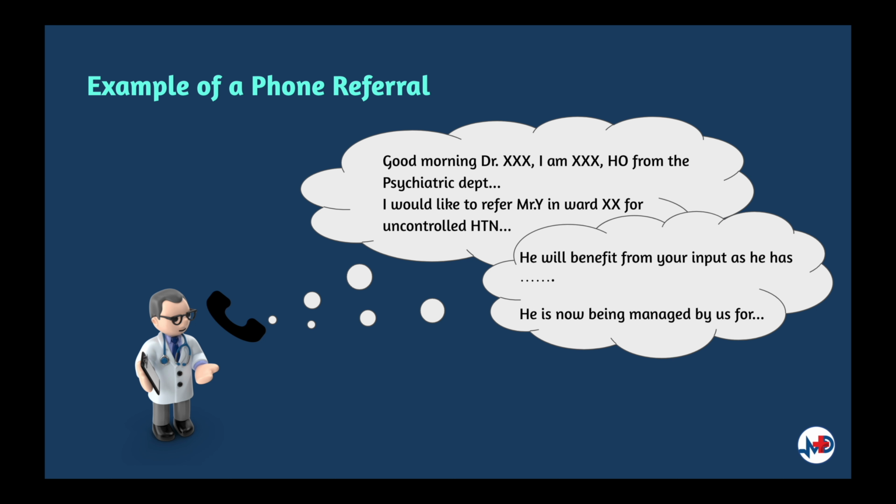His blood pressure ranges between," you may state the range, and you've also got the latest investigations ready, and they are renal function tests as well as liver function tests, which are both normal. So you may then conclude by requesting a review in order to manage this patient's hypertension.